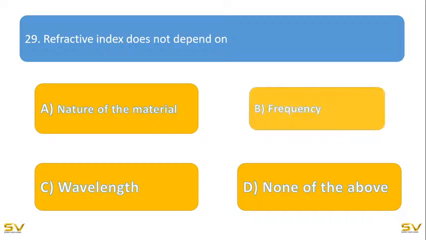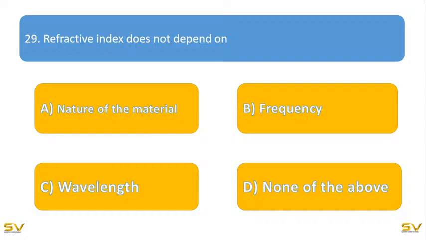Yes, it's frequency. Yes, your answer is right. So it's frequency, because refractive index depends on the nature of the material and wavelength. As refractive index depends on those, frequency does not matter. So refractive index does not depend on frequency. Okay, very good, correct answer.